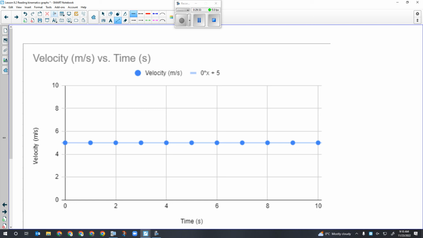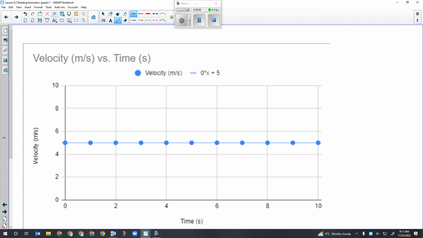What's the acceleration of this object? 0. How do I know that? Because the line's flat, and the definition of acceleration is the rate of change of velocity. Does your velocity change here? Then you're not accelerating.